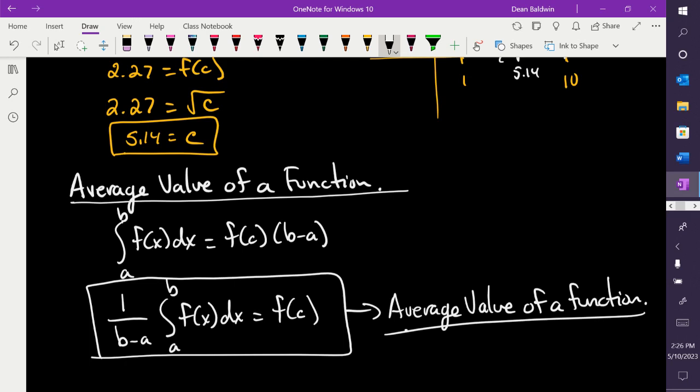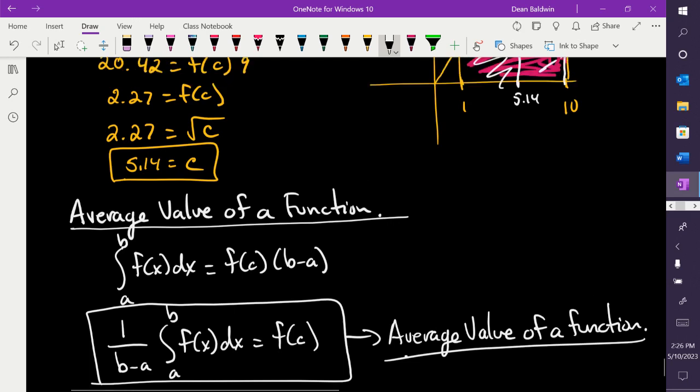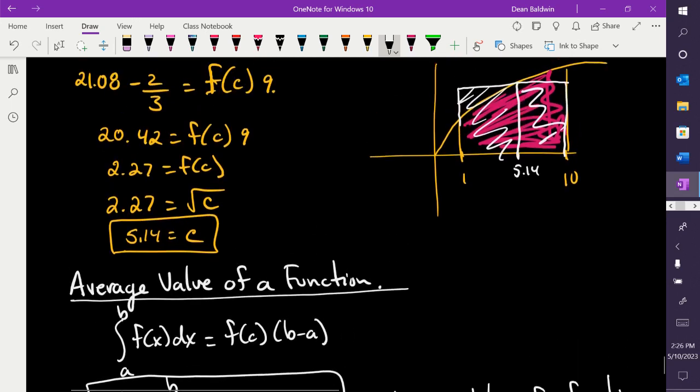Okay? It basically means that this height, right, that height is called the average value. And that kind of makes sense.